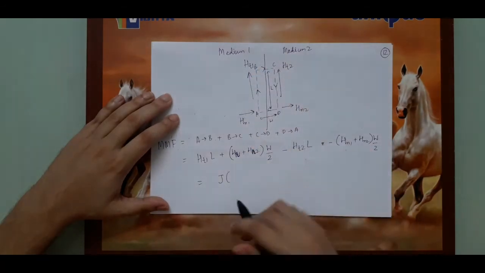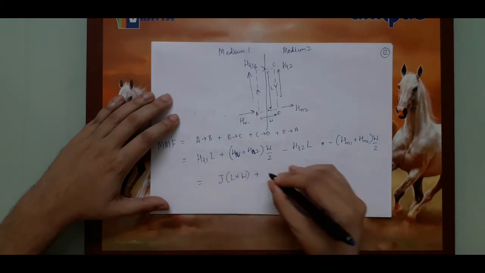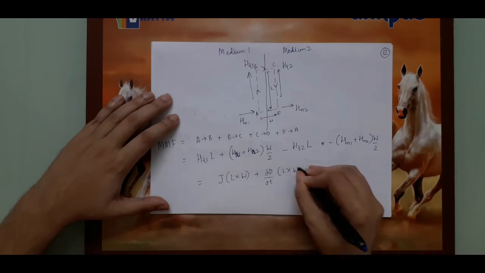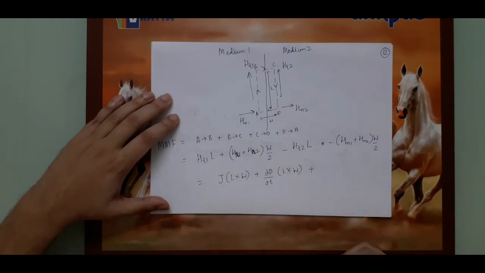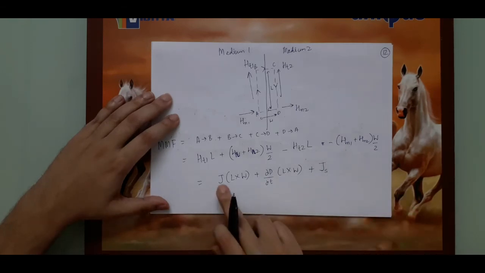The surface area is L cross W. Plus del D by del T times L cross W. Plus I will have the surface current density Js.